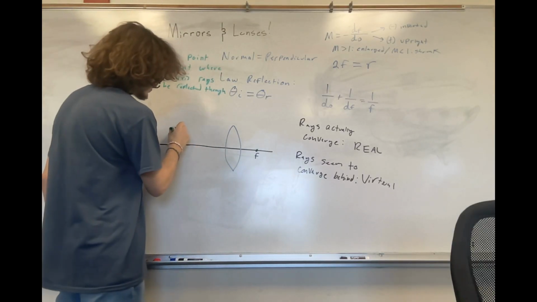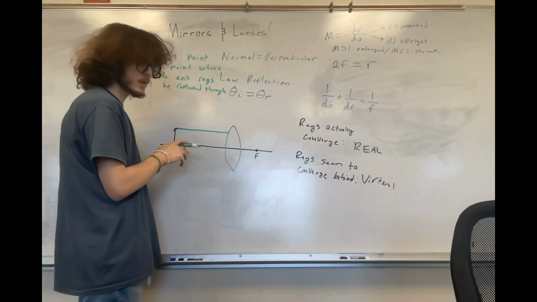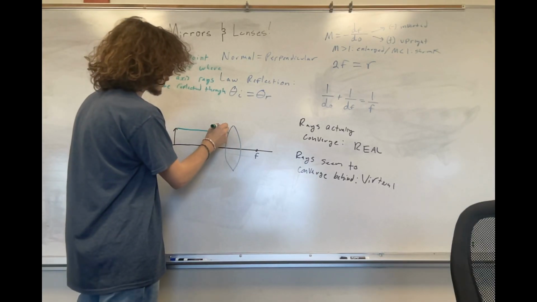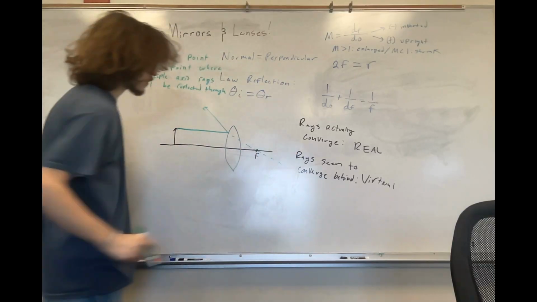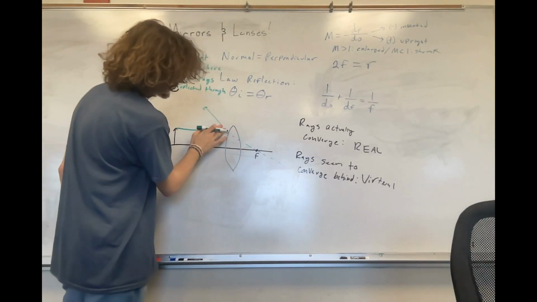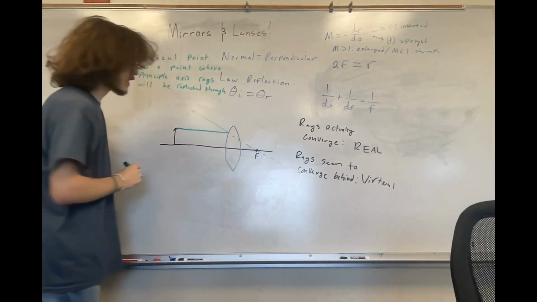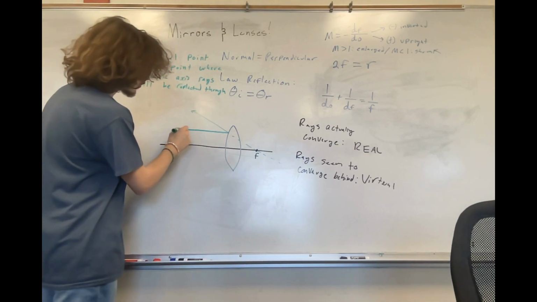Let's assume a ray goes straight on. Well, in this case, if you remember the principal axis rays, they're going to try to go through the focal point. In this case, it will go like that, extrapolating backwards, going through the focal point. Although I didn't really draw that very well, so let me redraw that. That's better.